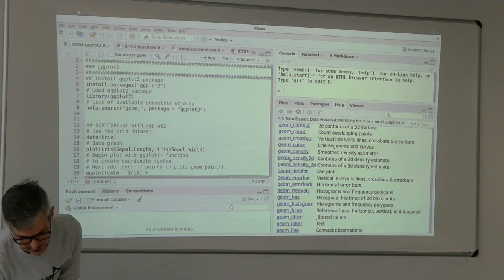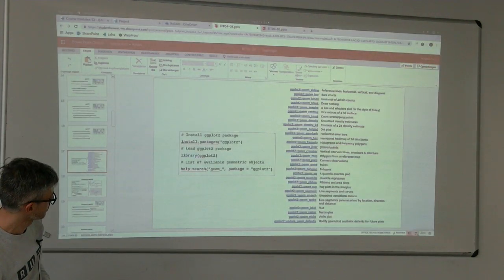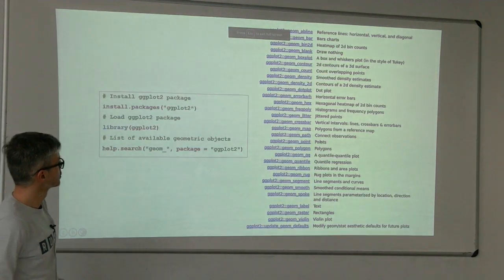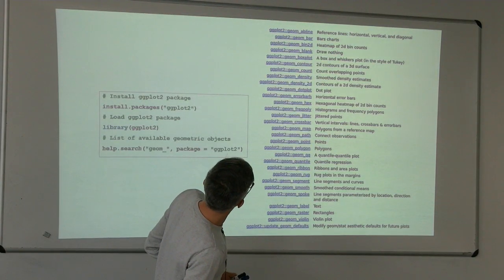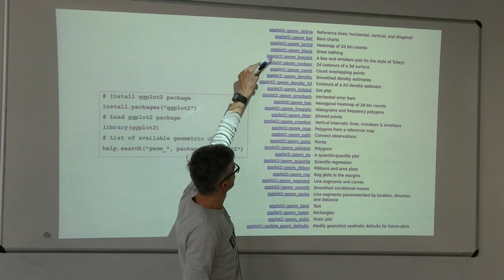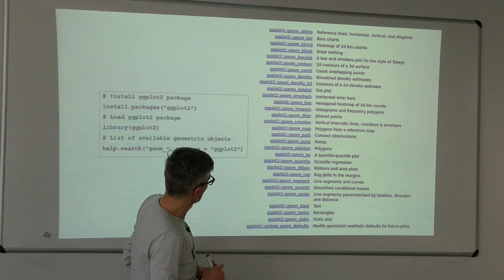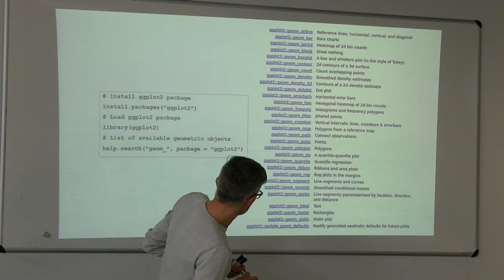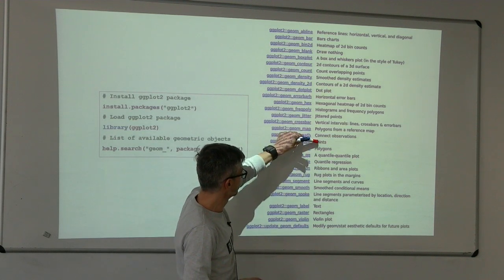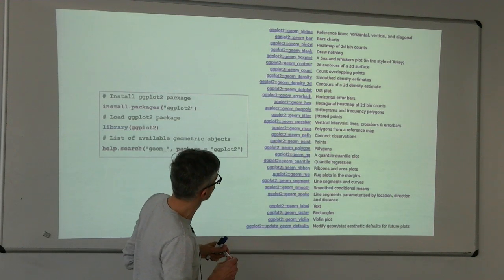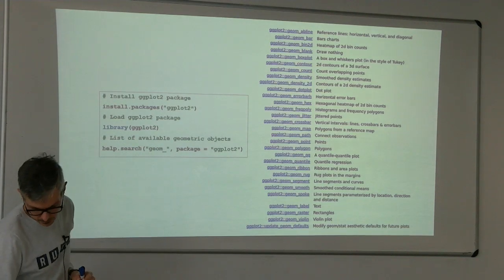So here the geoms, for example. You can already see what is all possible. Maybe just show a few. Here, if you want to make a box plot, which we also did in the basic graphics. A violin plot, for example, or just points if you want to make a scatter plot. And you see you have several more options.